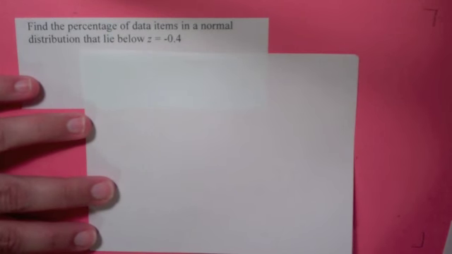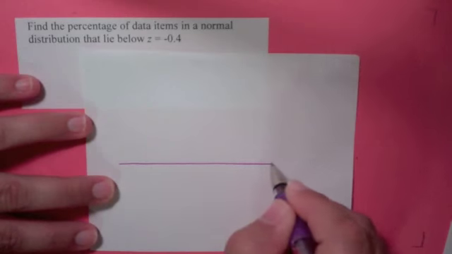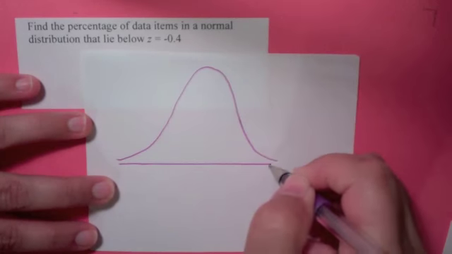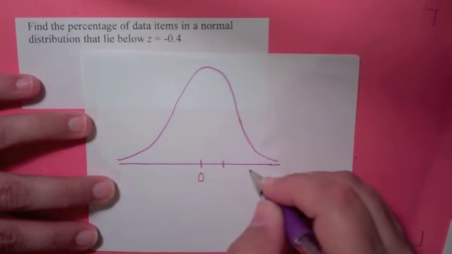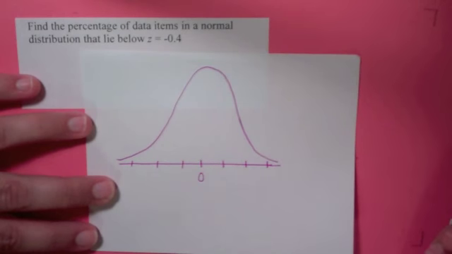Okay, so here's my next question. Find the percentage of data items in a normal distribution that lie below z equals negative 0.4. Okay, so again, I'm going to draw myself a picture. Normal curve. We've got a z-score, which means I'm going to label this with z values. 0 in the middle, 1, 2, 3, negative 1, negative 2, negative 3.